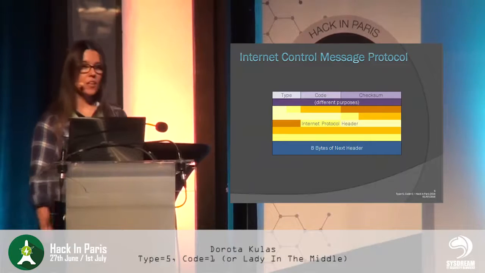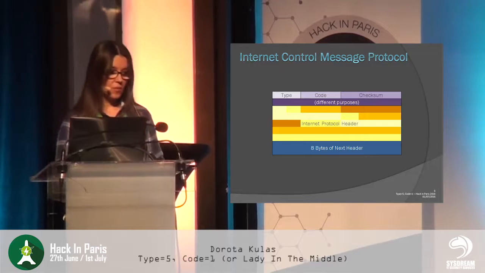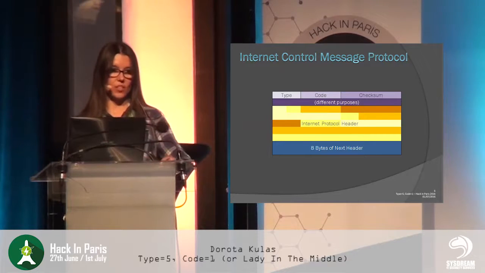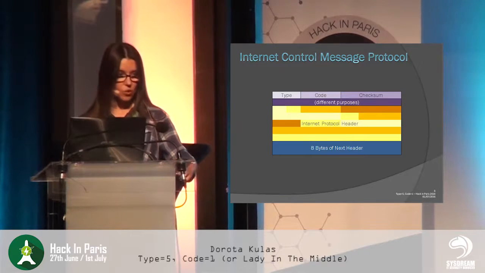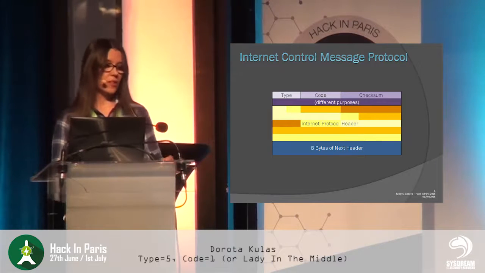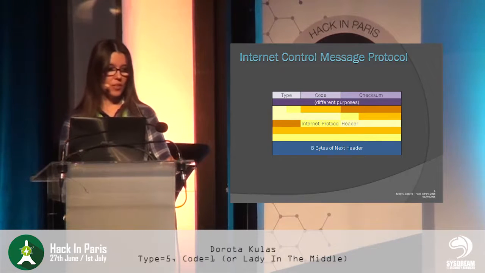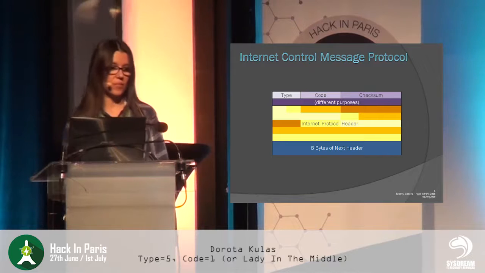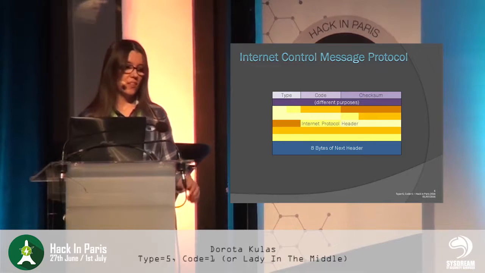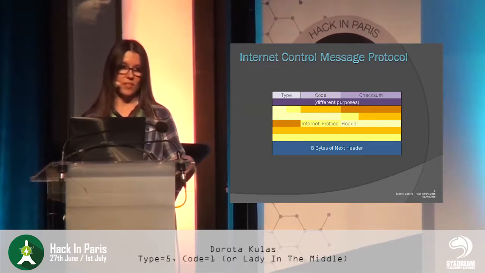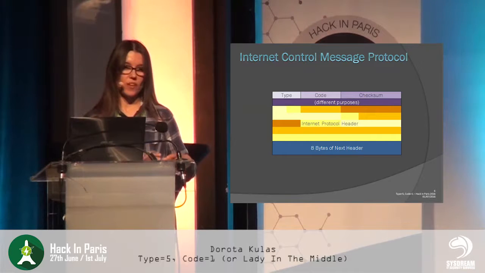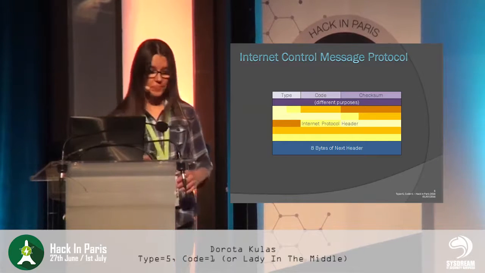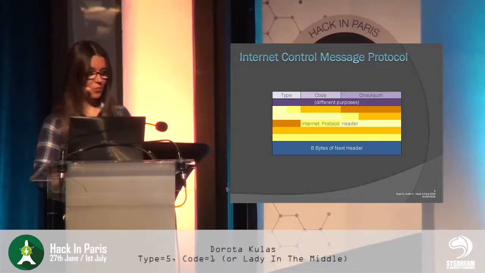In this slide, you only see the ICMP portion, so you don't see the original IP header used for transport. In purple, you see the ICMP header, which always has a type, code, and checksum, and some fields for different purposes, depending on the ICMP message type. Then the yellow and the blue are the part of the IP packet that caused the error. And that will be important.